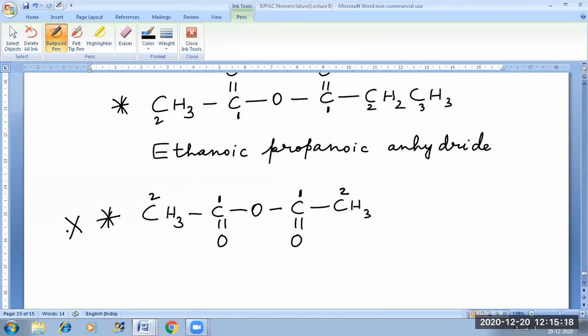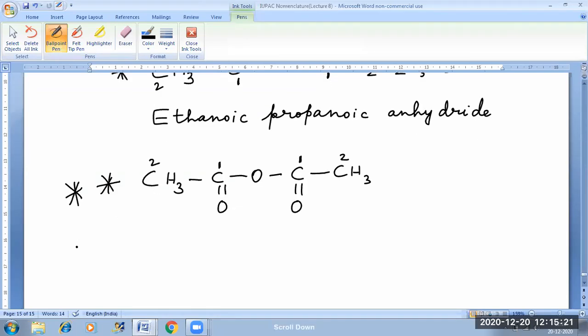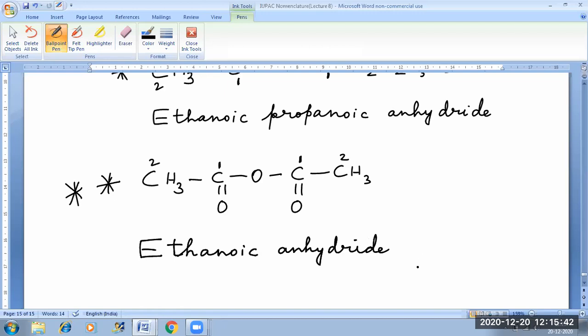Now, very, very important. If both are identical, then you will write this word only once. Why? Because it is identical on both sides. So no di or something like that.